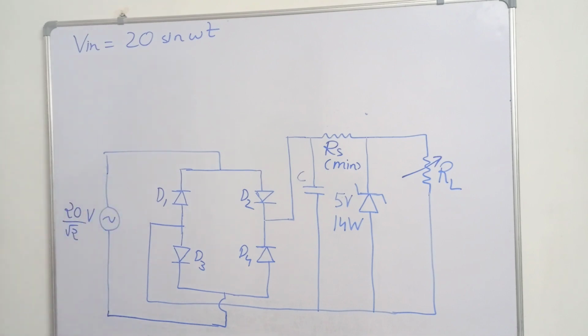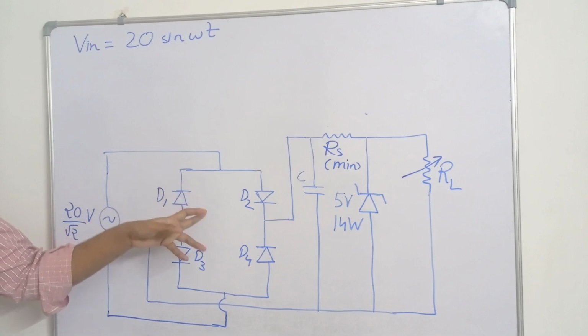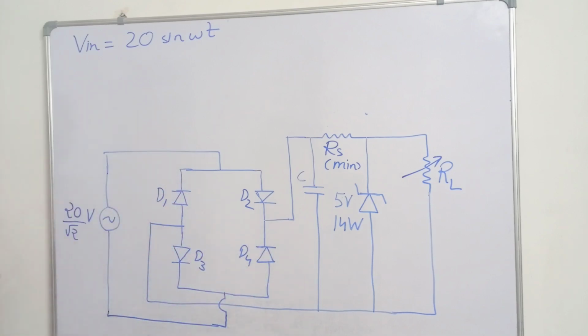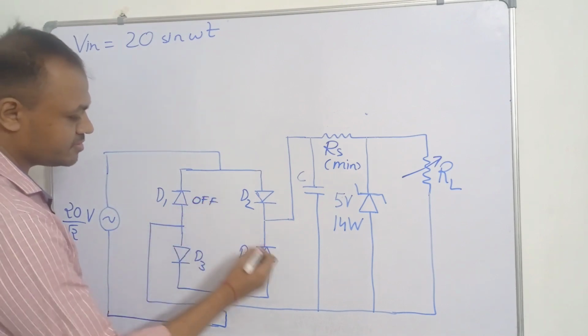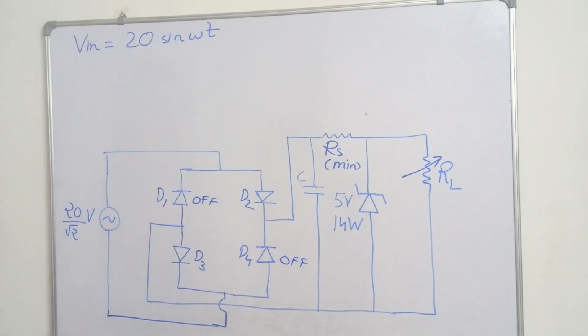During the positive half cycle, D1 and D4 will obviously be off, because this is the N terminal, this is the P terminal, this is N, this is P. These two will be off, and D2 and D3 will be on.